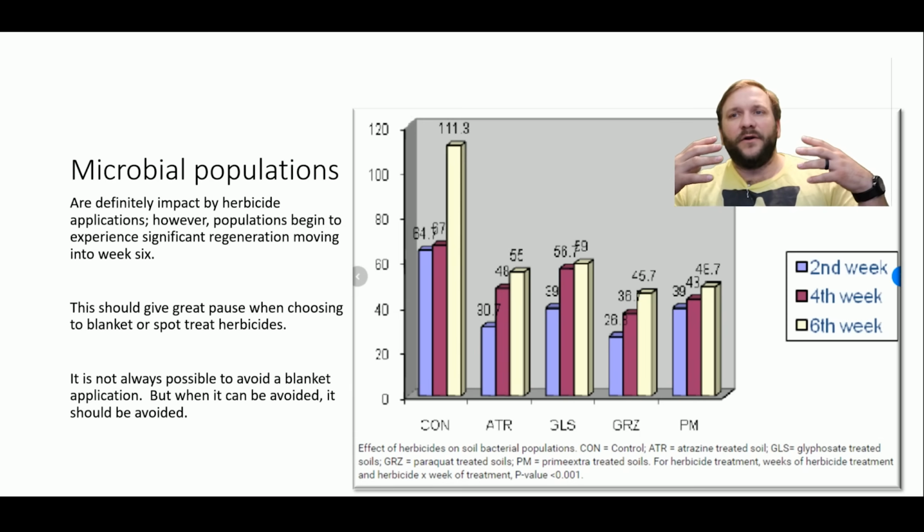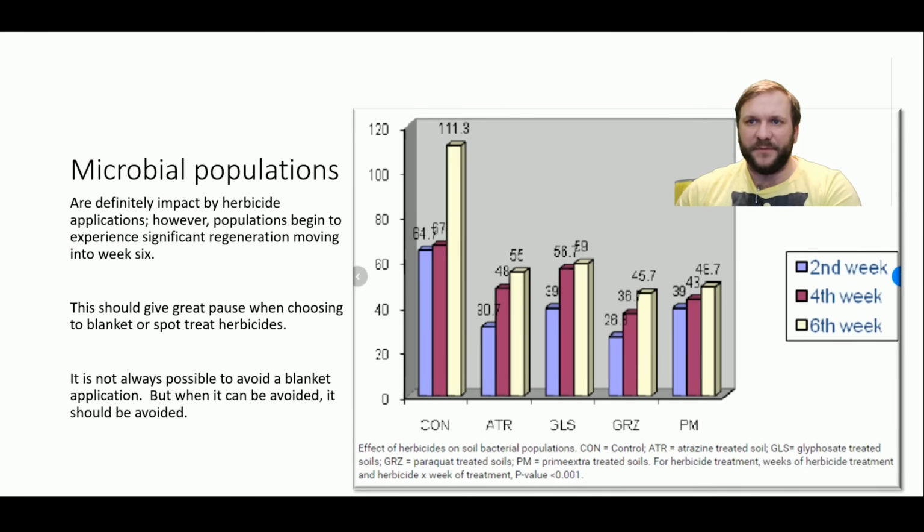So when we are making our determinations on should we make a blanket herbicide application, should we make a spot treatment application, this is perfect data that we can use to determine that. And we should be able to take this data and apply it to our decision making when choosing which product we're going to apply to the lawn and what kind of impact that's actually going to have on soil life.